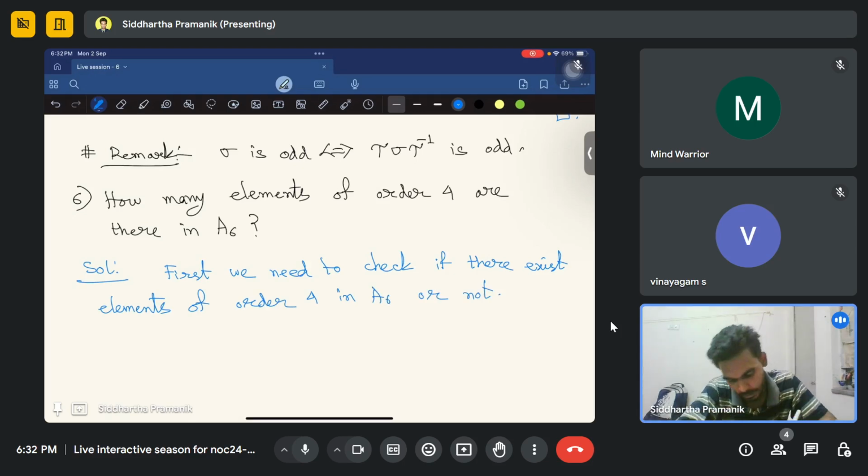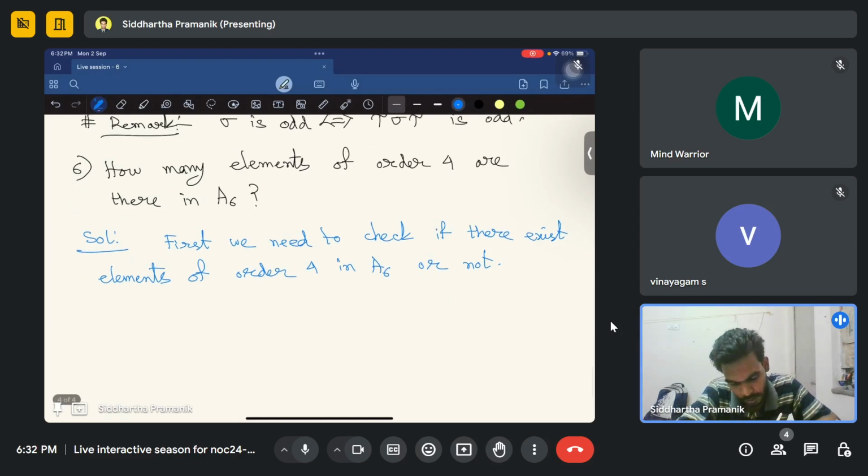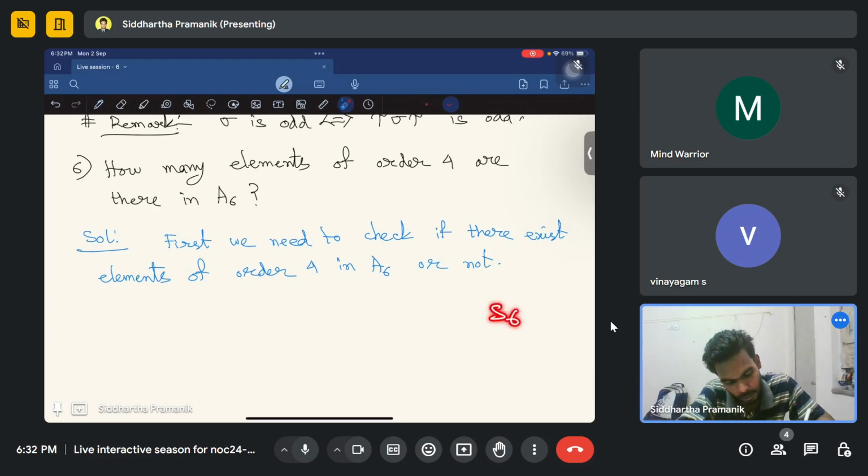Right? So how to check this one? For this, we first need to see how the elements of order 4 in S6 look like.